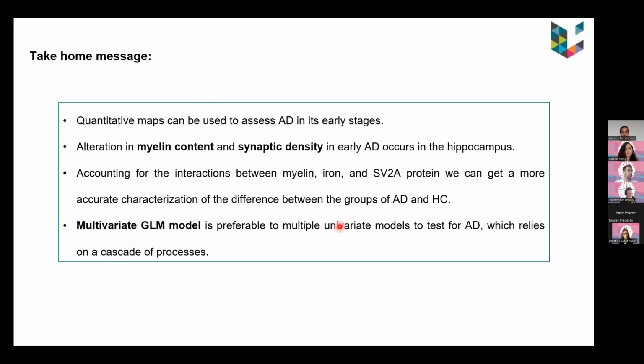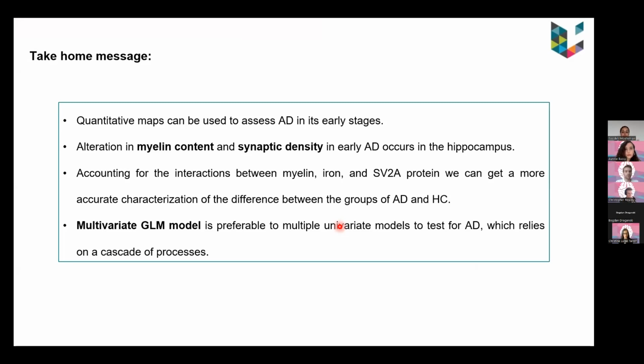To conclude, I can say that we can use quantitative maps to assess AD in its early stages, and alterations in myelin content and synaptic density occur in hippocampus in early AD.